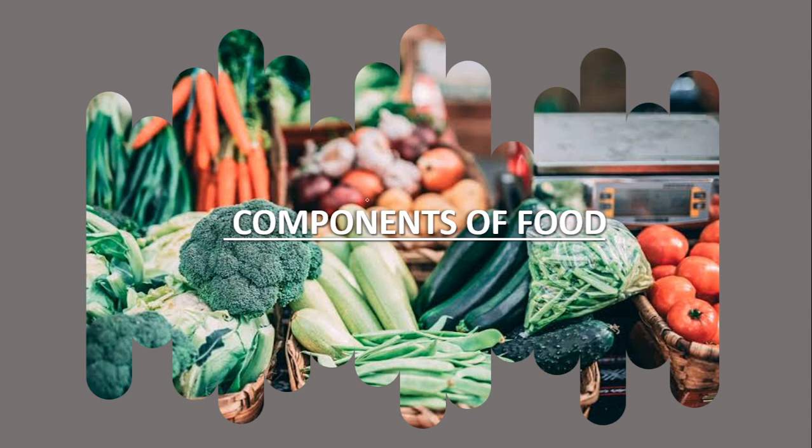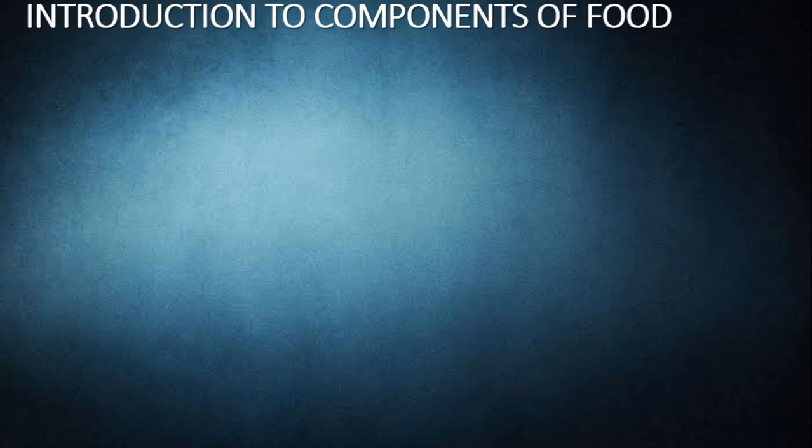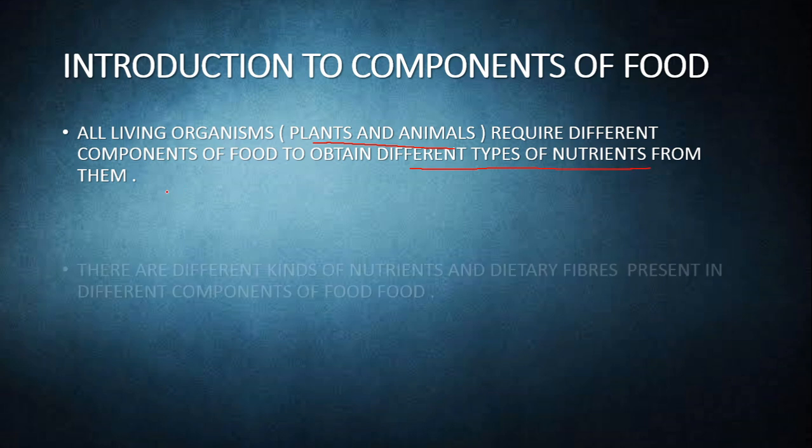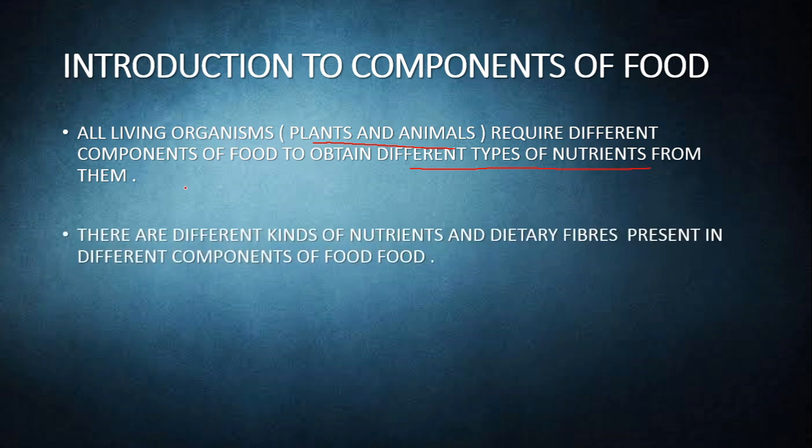First, let's come to an introduction of the chapter components of food. All living organisms, that are plants and animals, require different components of food to obtain different types of nutrients like carbohydrate, protein, fat, vitamins and minerals. And these nutrients are not present in a single food item.